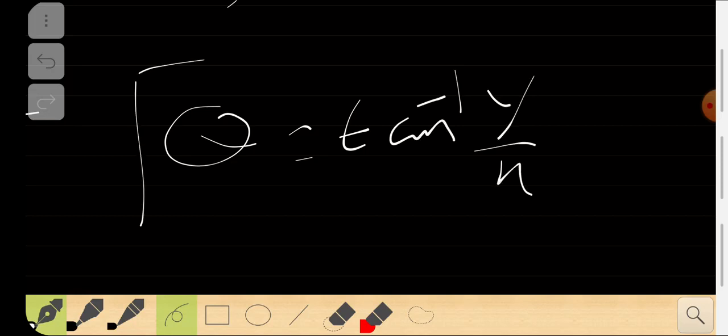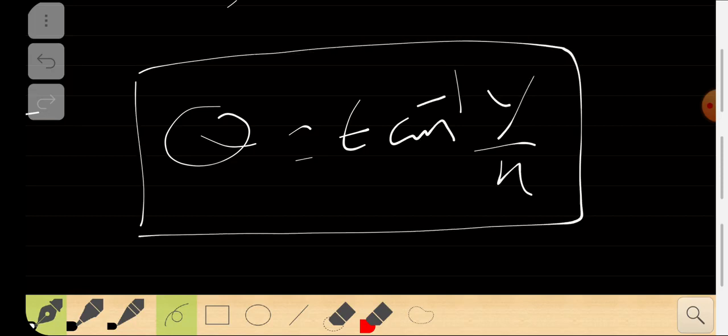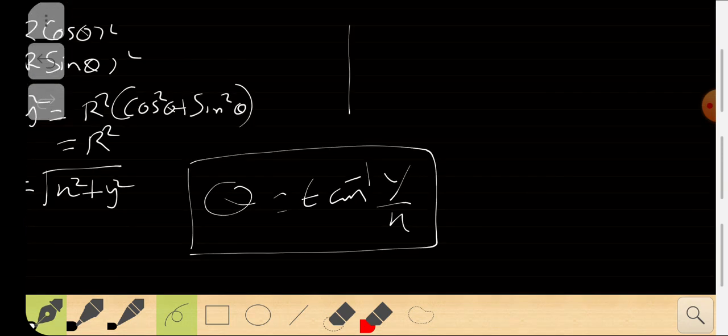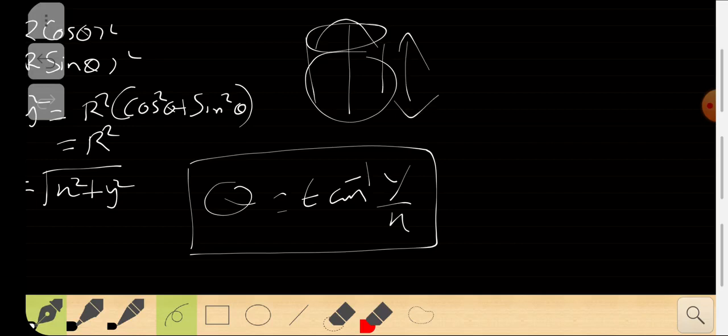You can use these basics for both systems, for polar as well as cylindrical coordinate systems. They are identical except that there is a z axis. You can go in a cylinder. It's different from a circle because it has a height. That's the only difference: the cylinder is a three-dimensional aspect, whereas the circle is just two-dimensional.